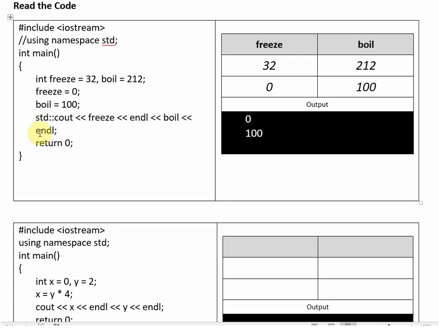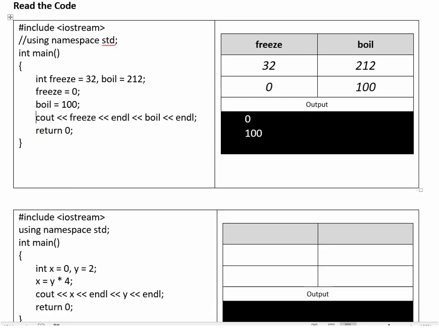Now imagine if you're displaying 40 lines of display statements. You would have to do the std:: in front of every single cout. And so that can be pretty laborious after a while. Sometimes you may forget and leave one off, and then you'll get an error message as a result of that.